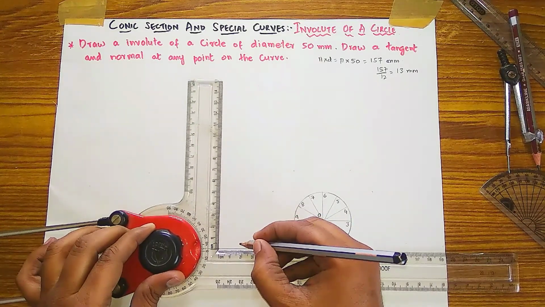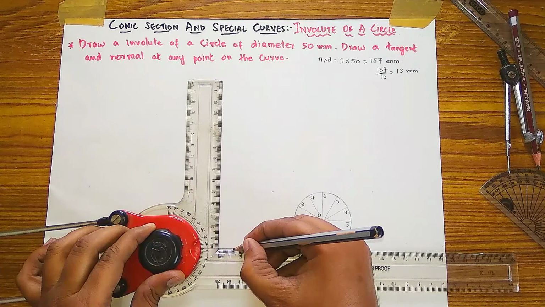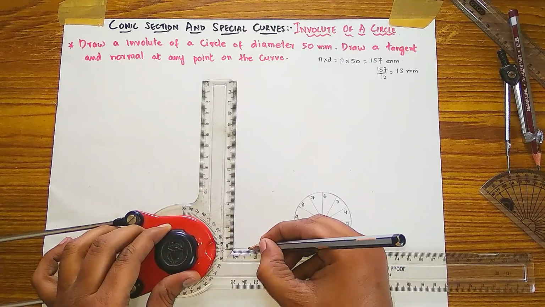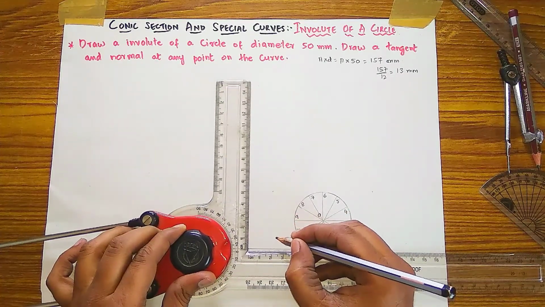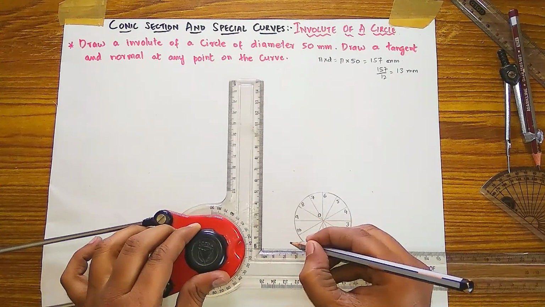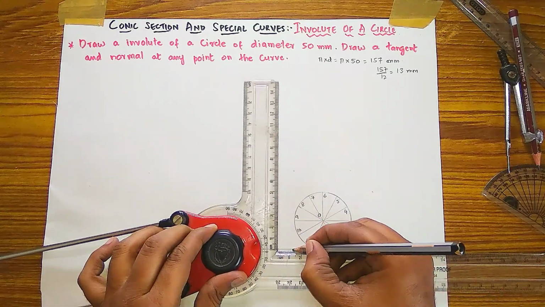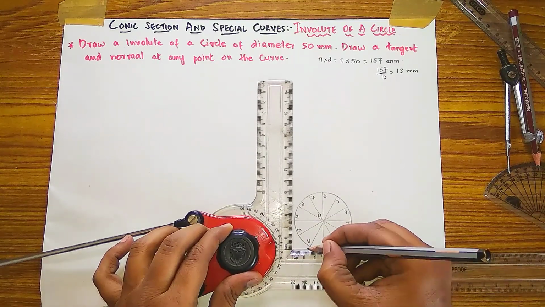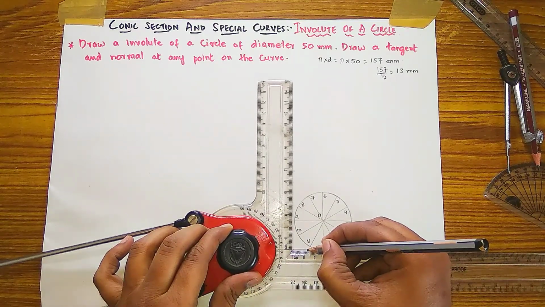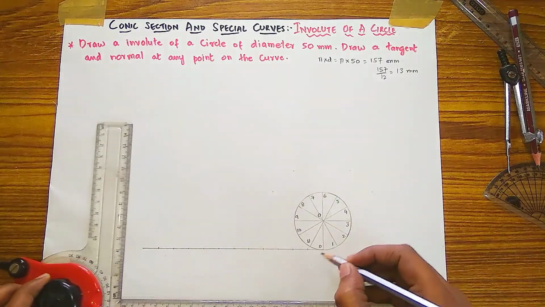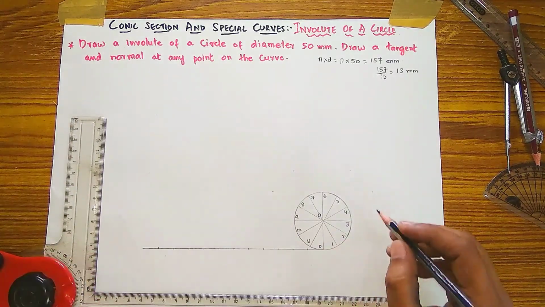Each part will be 13 mm, divided into 12 parts. Now you have divided it into 12 equal parts.